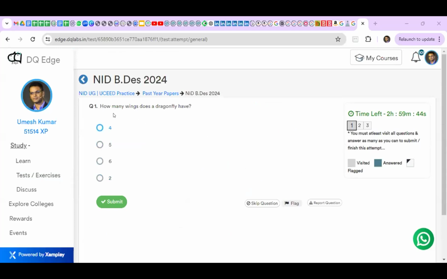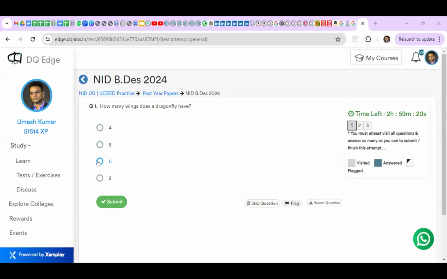One of the questions is, how many wings does a dragonfly have? Can anybody tell? Have you been observant? Can anybody guess? Dragonfly has how many? 6.